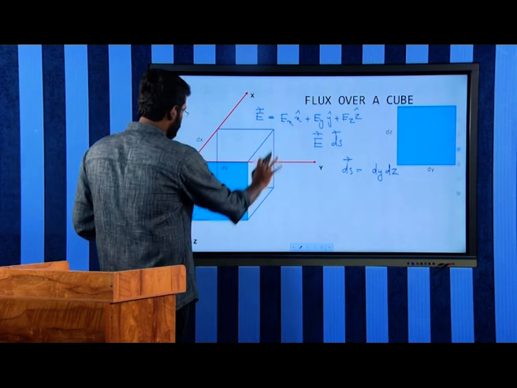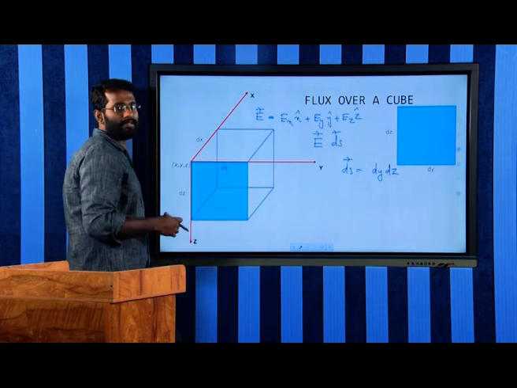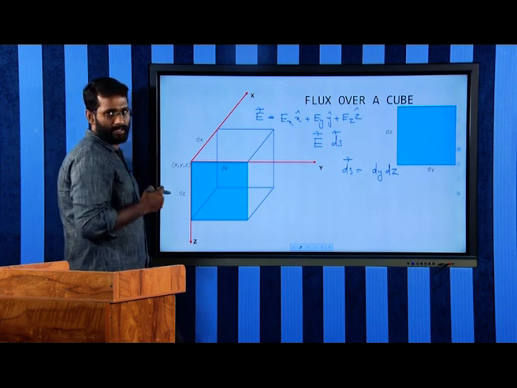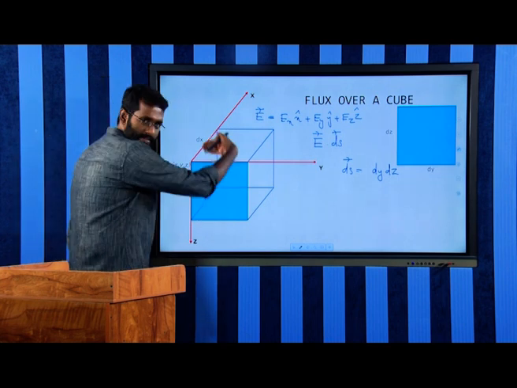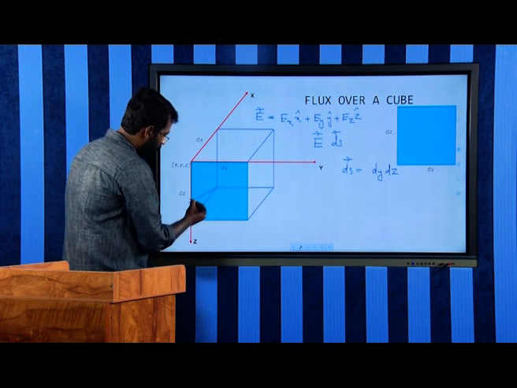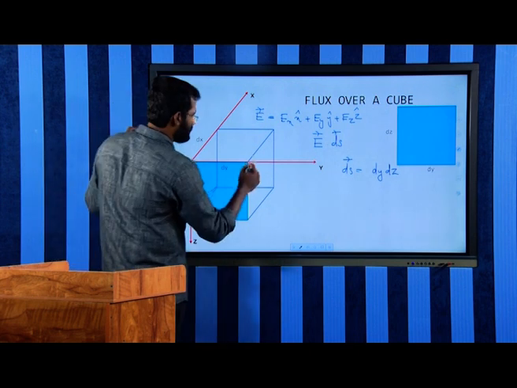Again consider this cube. It is a closed surface, and for a closed surface the direction of the area is always outwards, and it should be normal to the surface.